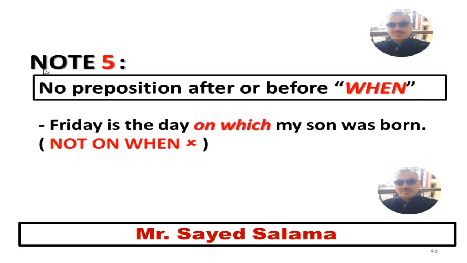So no preposition. ممنوع تجيب حرف جر after or before when. You can also say Friday is the day when my father was born or on which. So when means on which. Like don't say on when, because عندنا قاعدة بتقول no preposition، مفيش حرف جر، no preposition after or before when.